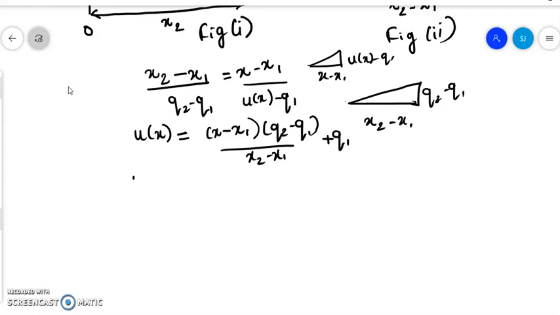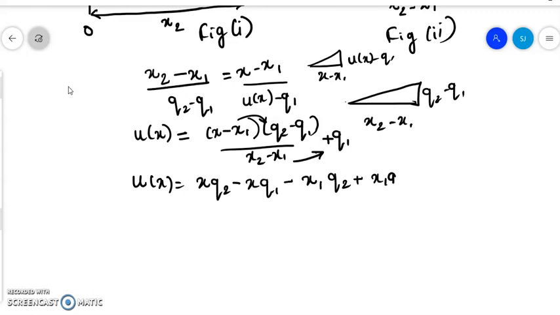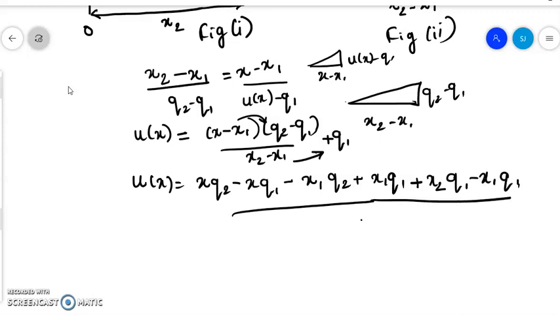Now let us cross multiply this term with q1, simplify and open the bracket. So x q2 minus x q1 minus x1 q2 plus x1 q1, plus x2 q1 minus x1 q1, the whole thing divided by x2 minus x1.